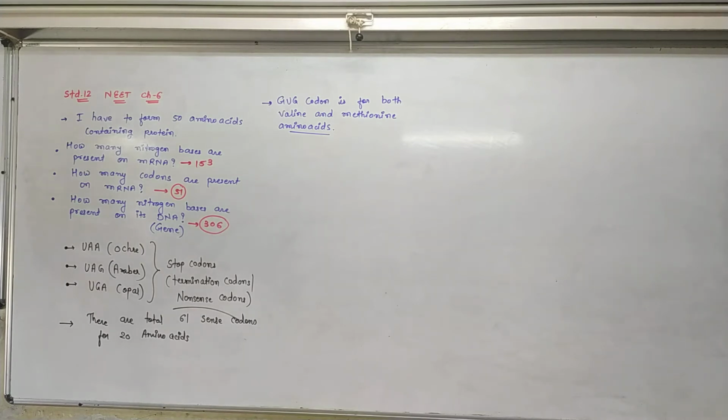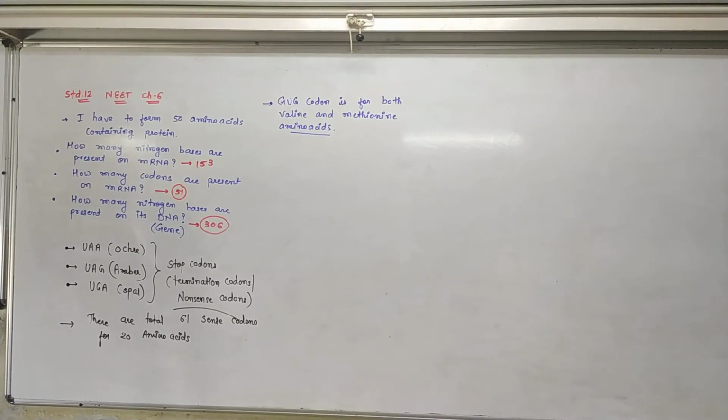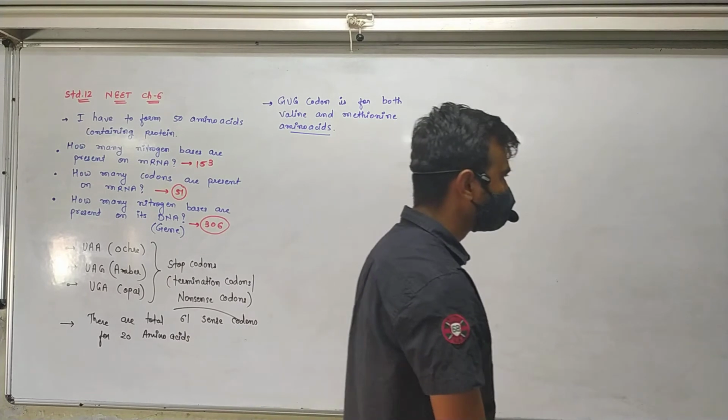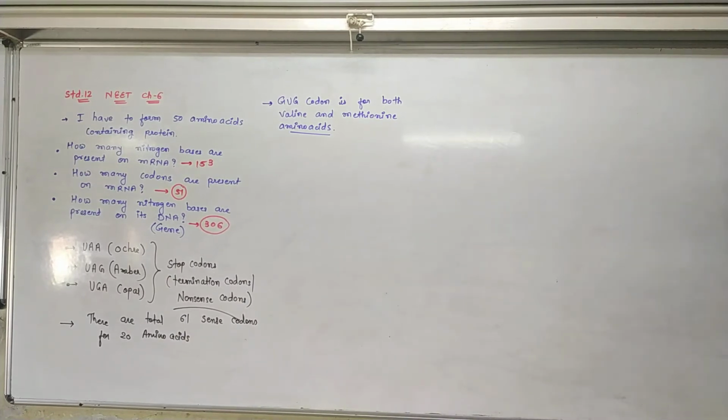Generally, you know that protein synthesis always starts from the start codon, that is methionine. Protein synthesis always starts from the AUG. But in some organisms like bacteria, the GUG code represents methionine as well as valine.